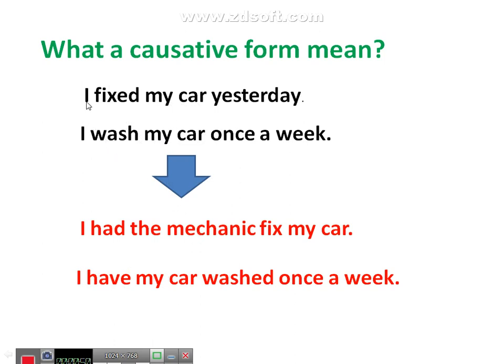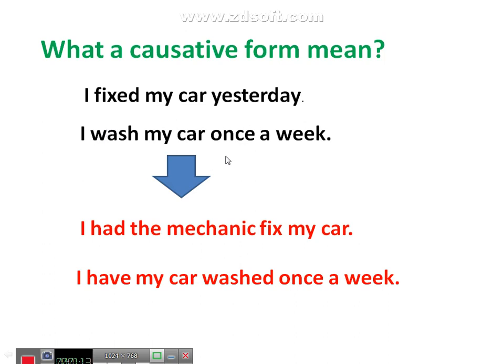The first two sentences, I fixed my car yesterday, I wash my car once a week, mean that I do the action by myself without any help from another person. I fixed my car by myself yesterday.